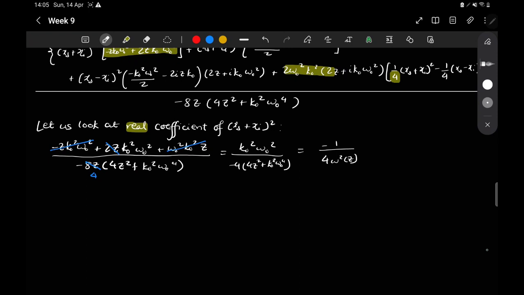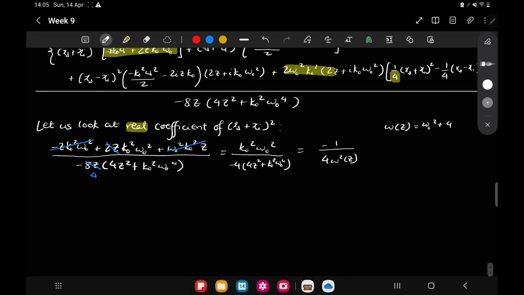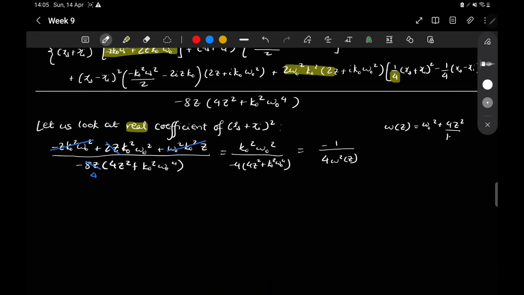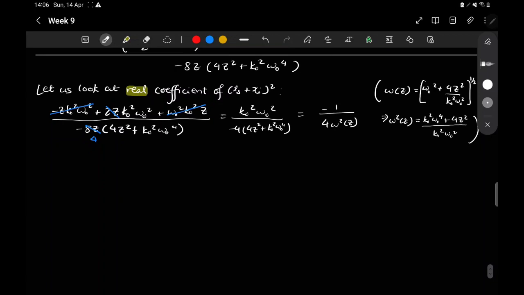And this is omega squared z, coming because we are given the expression for omega z. So this is the real coefficient of xs plus xi squared.